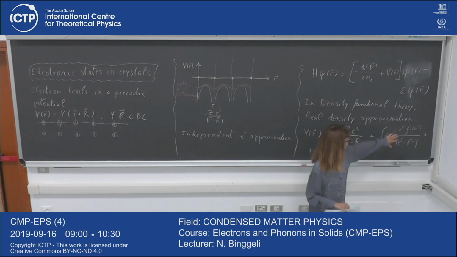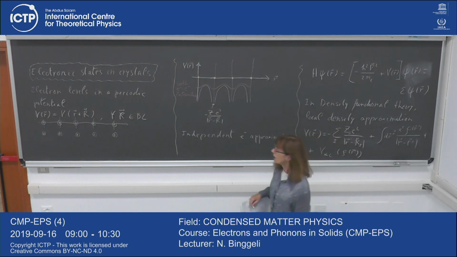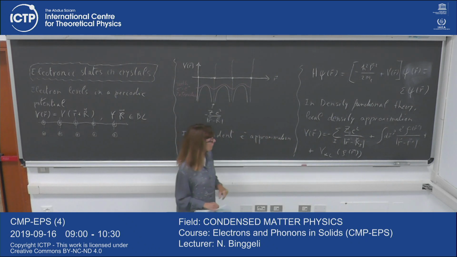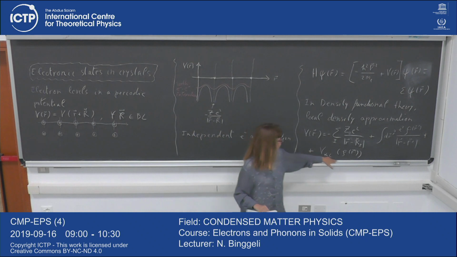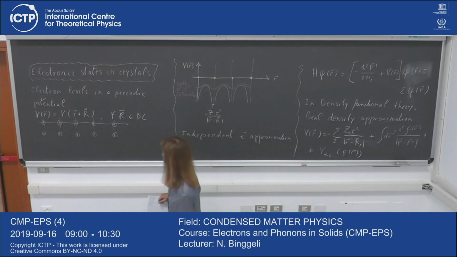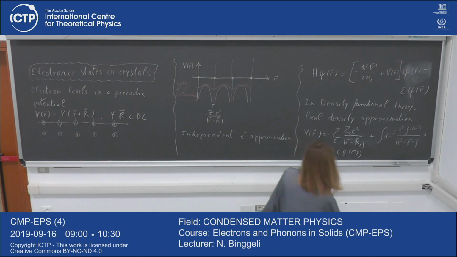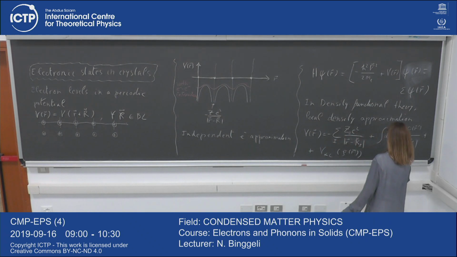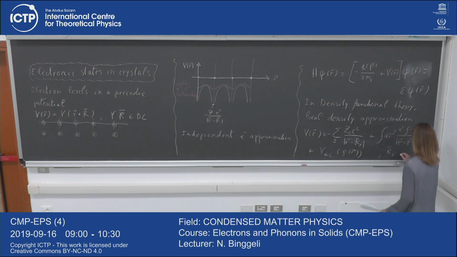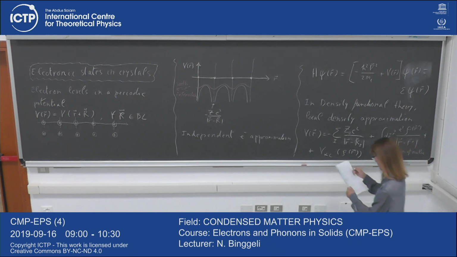This is also obvious because the charge density has the periodicity of the Bravais lattice, and also this will have the periodicity of the Bravais lattice because my charge density has this periodicity. The electronic charge density has this periodicity. Okay, and in here, the R i are the positions of the nuclei.